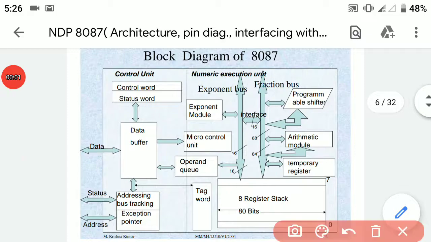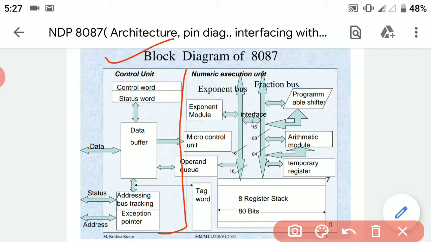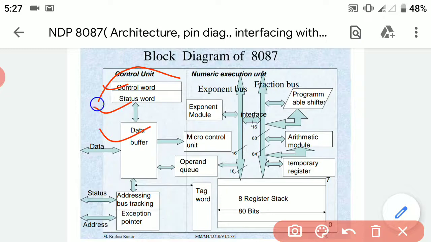Here we can see the block diagram of the 8087 coprocessor. This is the control unit, which consists of the control word, then the status word, then the data buffer. These are the important elements that connect with the 8086 processor.